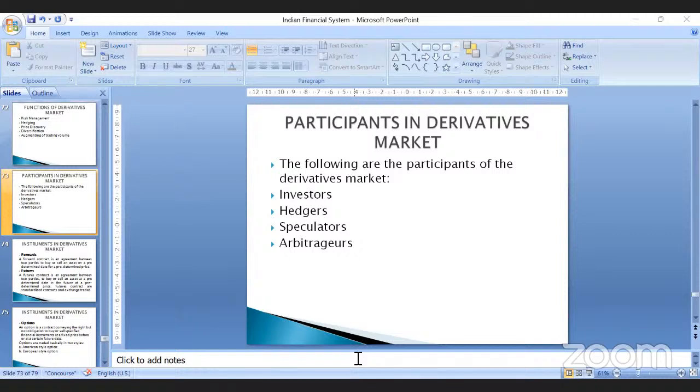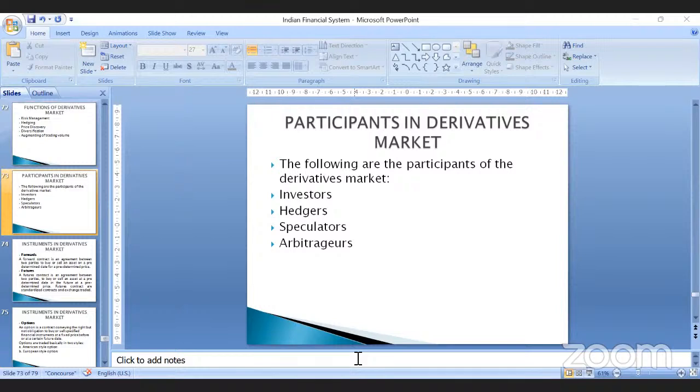Second one is hedgers. Hedgers enter into this market to protect themselves against the price rate fluctuations. What they do is, they transfer or mitigate the risk onto somebody else. Next, you have speculators. Speculators are the participants who enter into the market with an intention to earn some quick profit by immediately selling it, or between two different time zones, or immediately exiting the market.